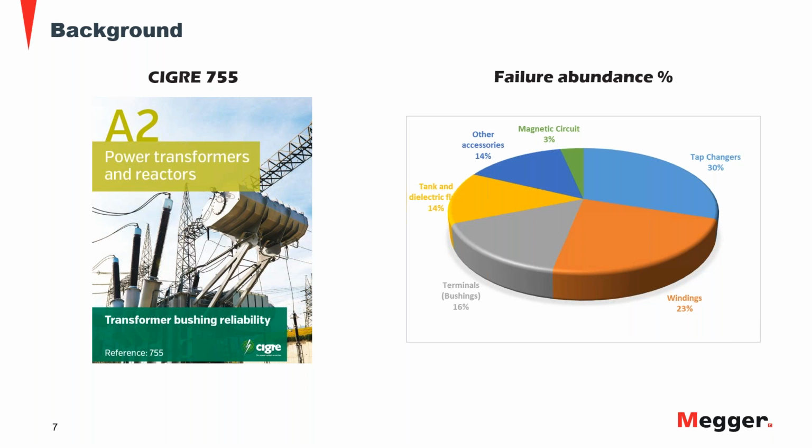This is a very interesting work that I suggest everyone who is involved in asset management and maintenance of these devices to look into and have a good read. As you can see in the chart on the right-hand side, about 16% of the failure modes that we have for transformers are directly related to the bushings. So this gives us an idea of how critical maintenance, monitoring, and diagnostics are related to bushings.